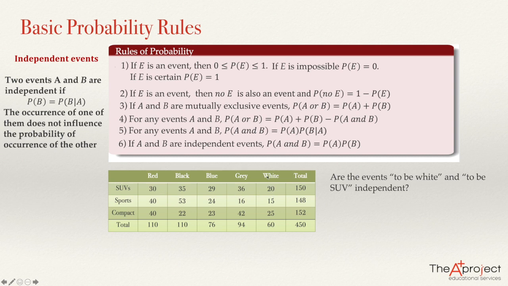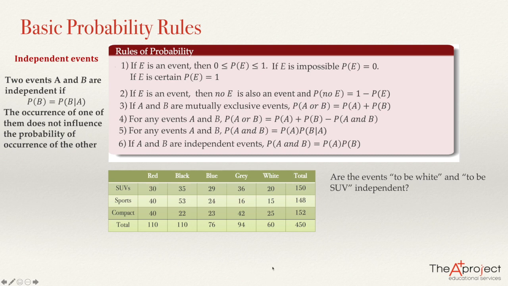In this table, which is different from the previous one, there are 450 cars now, and we want to see if the event of choosing a car that is white is independent of the event that the car is an SUV. For that, it is a good idea to see if choosing one influences the probability of choosing the other. We get this in just one try. So I'm going to choose one car.